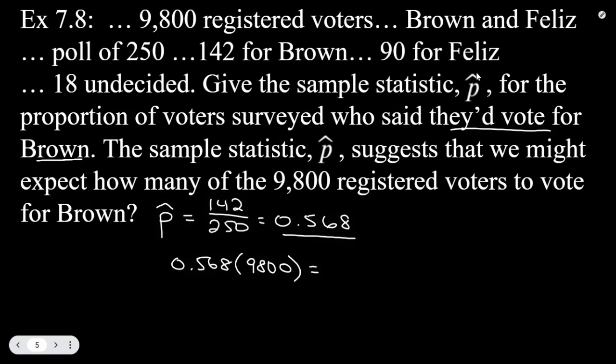That's our suggestion. So when we multiply that, we get 5,566.4. Obviously, you're not going to have 0.4 of a voter, so 5,566 would be the number of voters that we would expect to vote for Brown in the election.